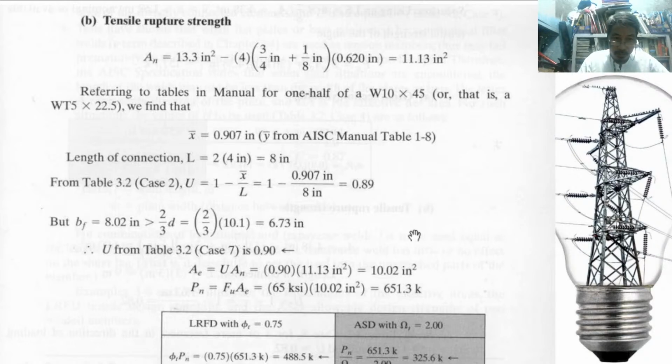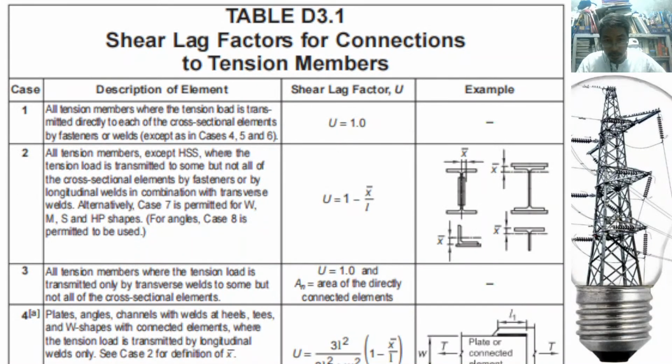So from the table again, case number 7. Let's go back to the table. From the table, case number 7. So this is our case 7.